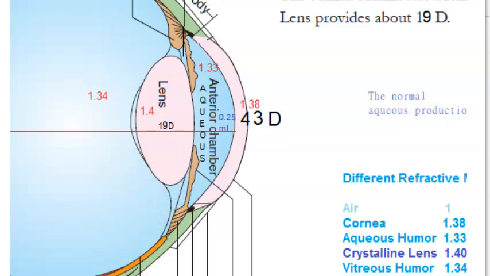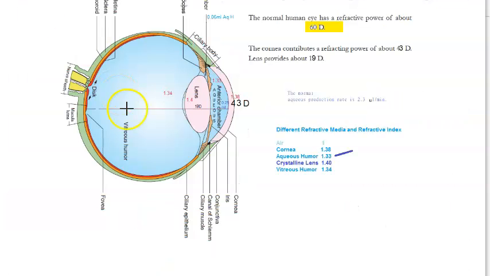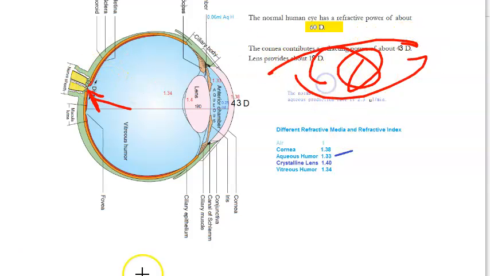Two outflows are there, right, for this aqueous humor. Something happens here and this angle gets closed, okay? This angle gets closed and the intraocular pressure will increase. So this will lead to pressure, could lead to optic nerve damage, right? And then this person will have visual field defects.